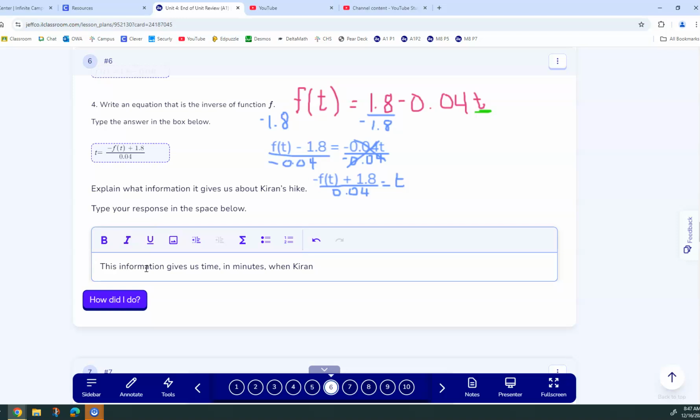Kieran will be a certain distance from the end of the trail, and we can figure out how much time it is going to take him before he's half a mile away from the end of the trail, or how much time it is going to take him where he's a mile away from the end of the trail. So there you go.